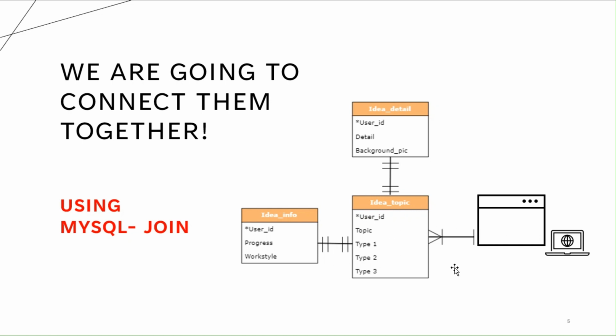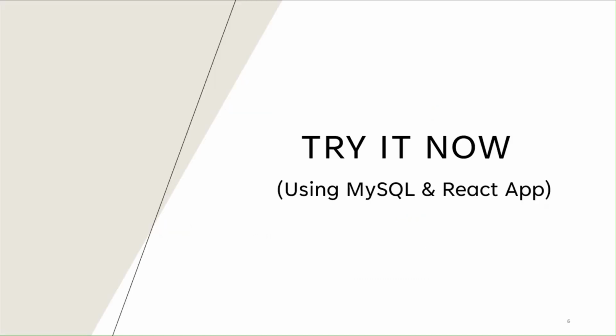Although today we will connect these three tables together, we will only type the information in the IDS info, because this lets us understand better how we want to do it. Okay, since we know what we are going to do today, let's try it now.